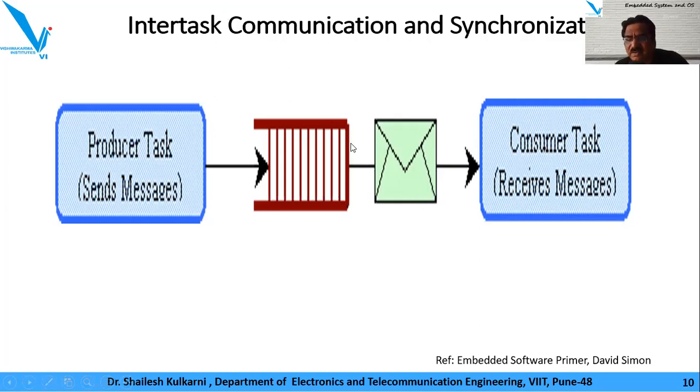In a general purpose operating system, the message is copied to the mailbox, or if it is a memory, it copies that message to the memory, and the consumer task or receiving task is notified of the arrival of that message so that it will take that message. So how many times is this memory access made? It is made 2 times: one write access by the producer task, and one read access by the consumer task, isn't it? And as I said, the length of the message is going to define this read or write access time.